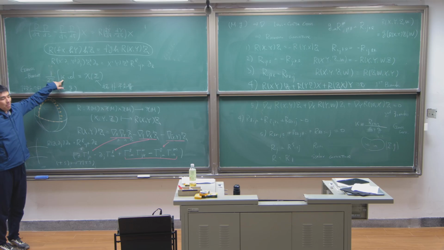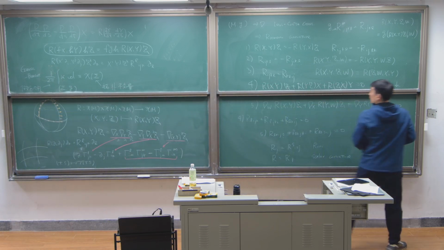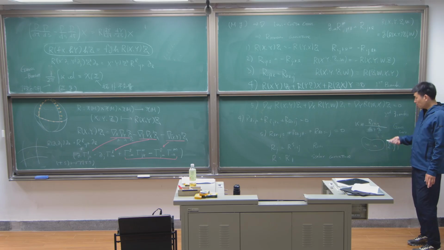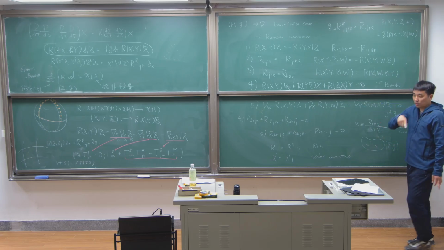This kappa is a local quantity. At each point you take derivatives of the metric and so on, and then you can define this Gauss curvature.